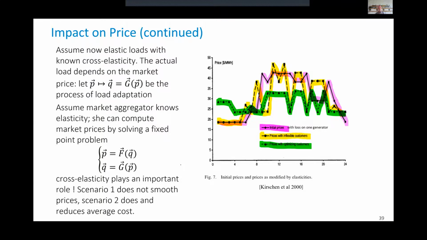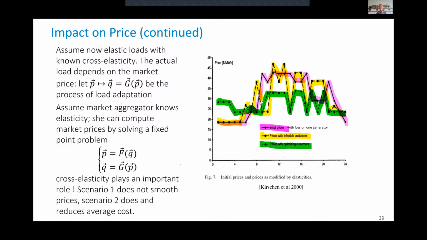So that's the difference between the utility approach, which will never produce such a result, and this cross-elasticity coefficient approach, which shows that, depending on how the elasticity is, if there's not much elasticity, forcing the prices to be high for a long period of time might have an even worse effect.